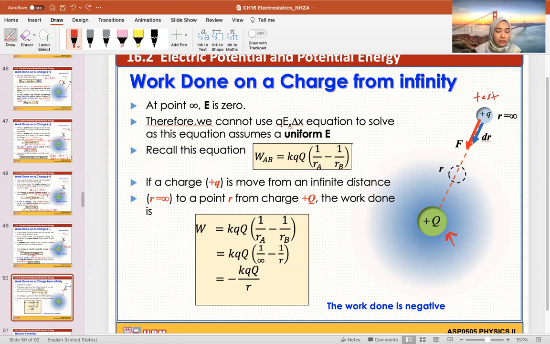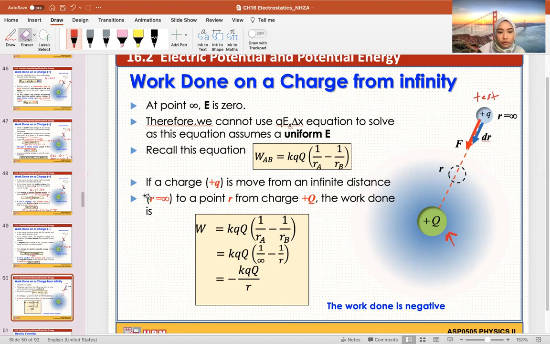Remember, it is reversed compared to delta. Delta goes final minus initial, but this one starts from initial minus final. This is not delta, this is just how the equation is. I'm emphasizing it so you don't mix it up. People always get confused there. If a positive charge q is moved from an infinite distance to a point r, why is it there?